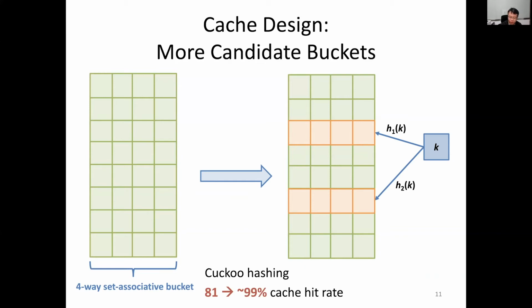That puts more pressure on the memory subsystem, especially when the packet throughput is high, and therefore slows down the lookup latency. And that is not what we want, because as we stated earlier in the talk, one of the goals we want to achieve in the cache is low lookup latency. So how could we solve this problem by increasing the cache hit rate but not lookup latency?